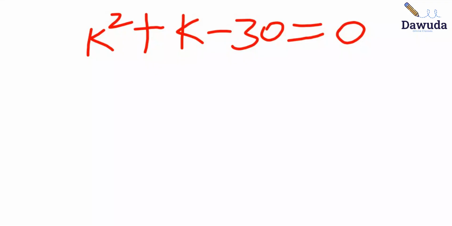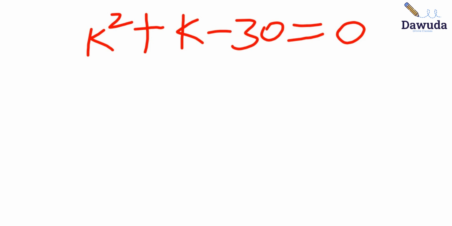Now, how do we solve this quadratic equation? We have the quadratic equation k squared plus k minus 30 is equal to 0, right? With the quadratic equation, the first step is to take the constant, which here is 30, and multiply by the coefficient of k squared.